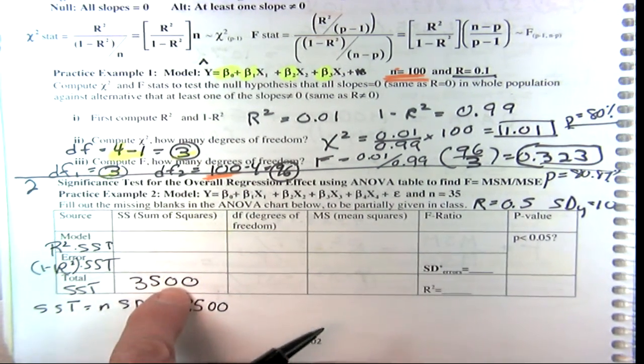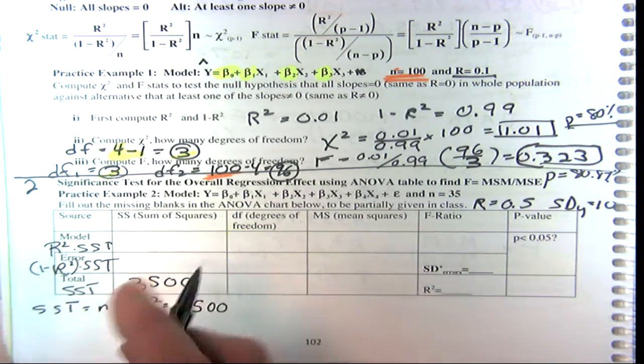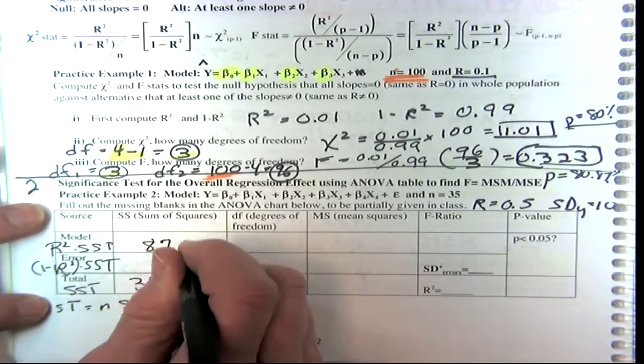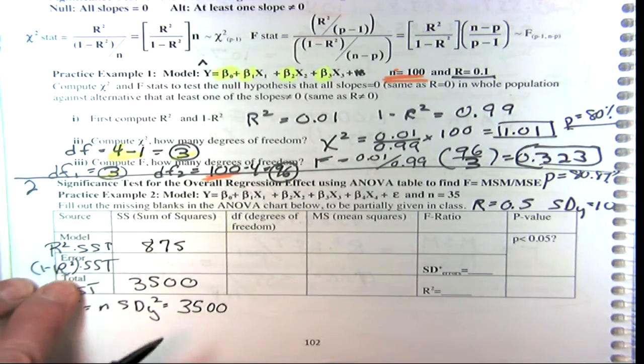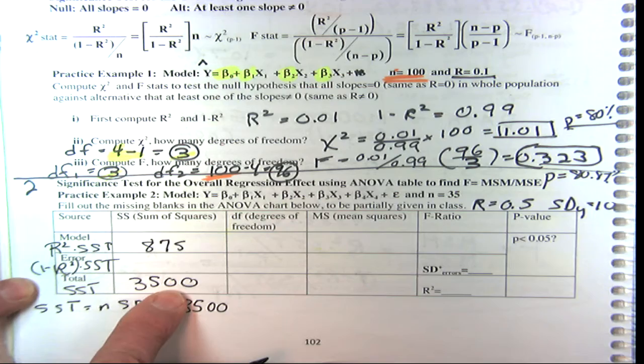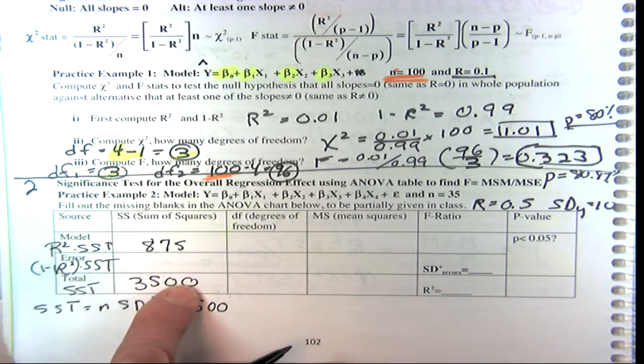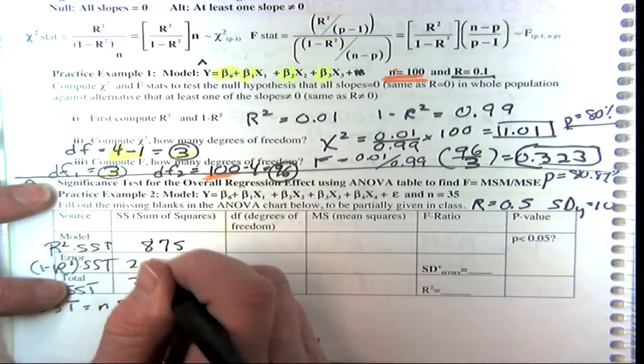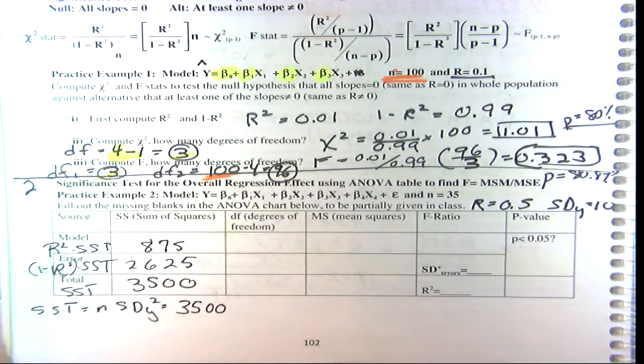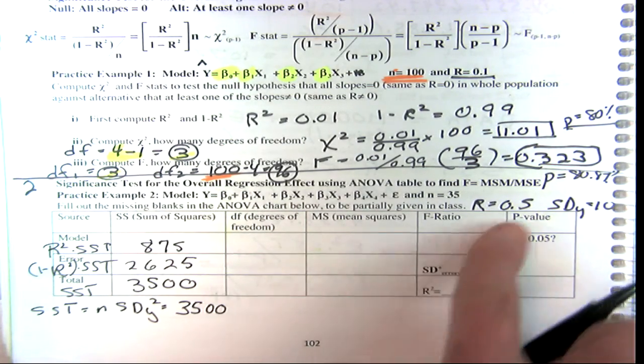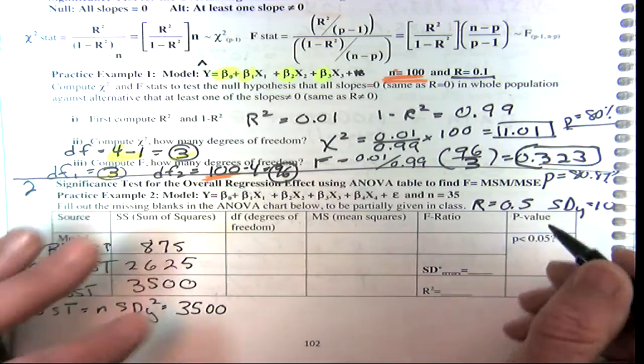So we're just going to take a quarter. 0.25 times 3,500, and that's 875. And 1 minus 0.25 times 3,500, that's 0.75 times 3,500, and that's 2625. Okay? So this is r, and r squared is just 0.25.